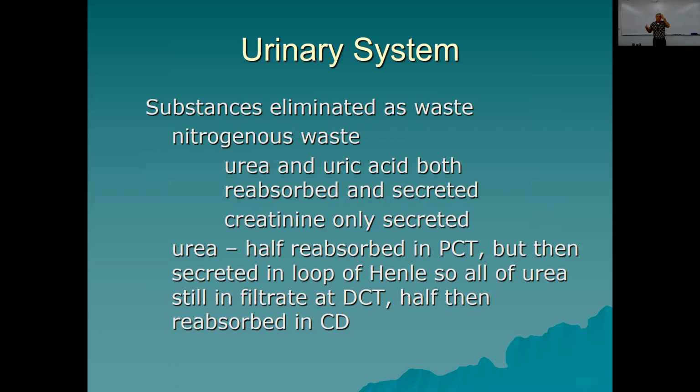So the blood leaving the kidneys actually still has close to half of the urea that came into the kidneys. So there's just less urea leaving the kidneys than came into the kidneys. So we don't clear our blood of urea each time it goes through the kidneys. Okay.